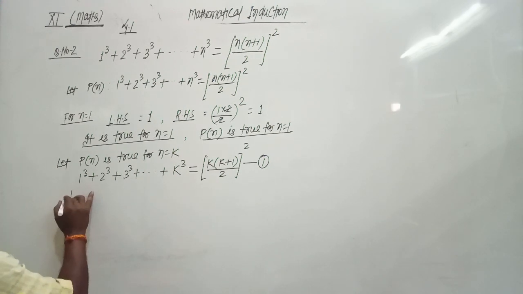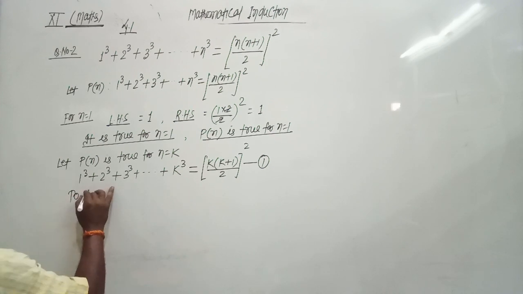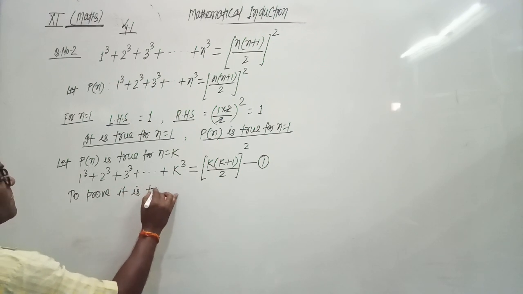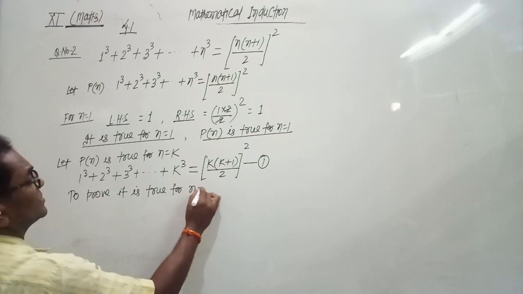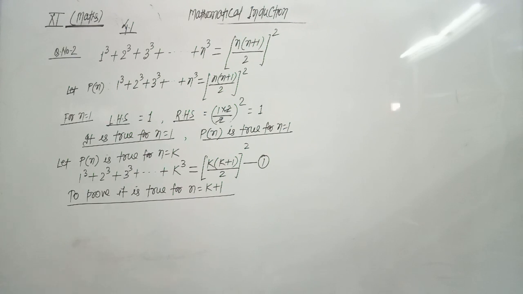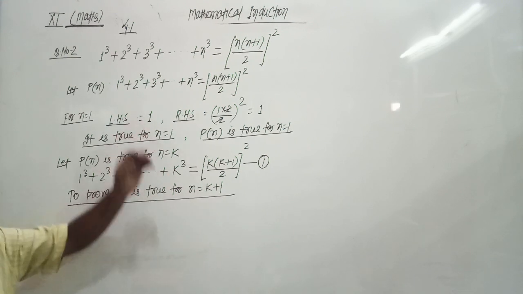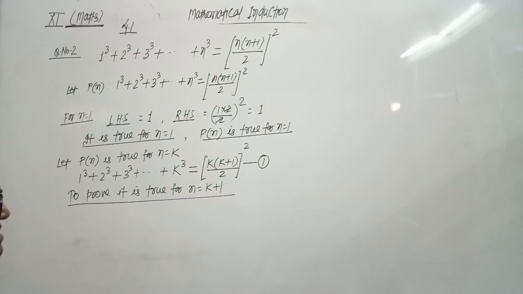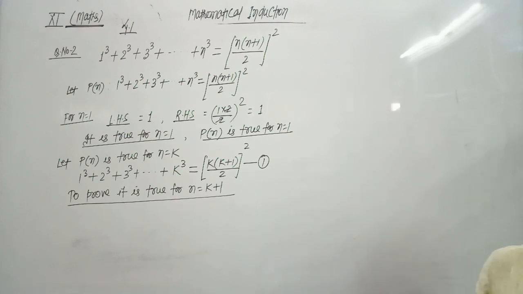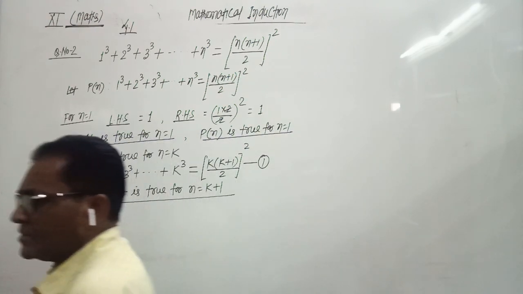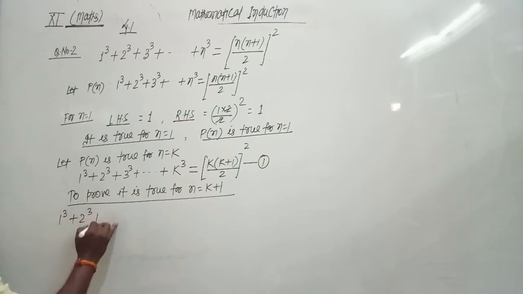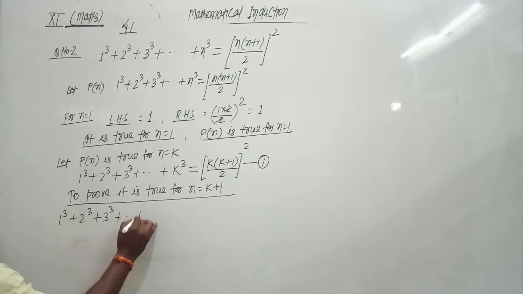Now, in the third step, to prove it is true for n equals k plus 1, for k plus 1 on the LHS, first we write the term up to k, means 1 cube plus 2 cube plus 3 cube plus ... k cube.